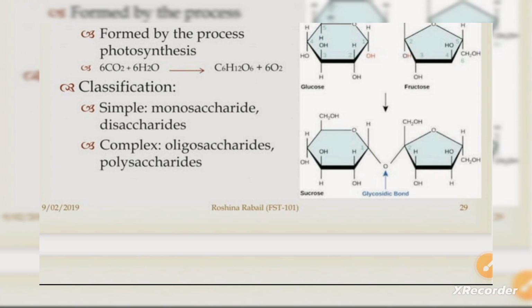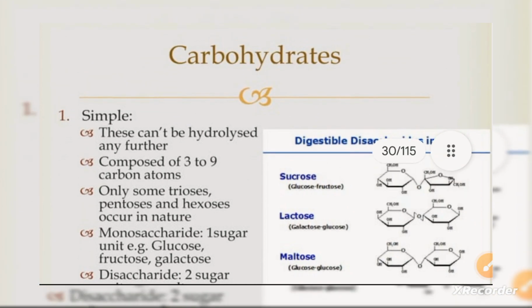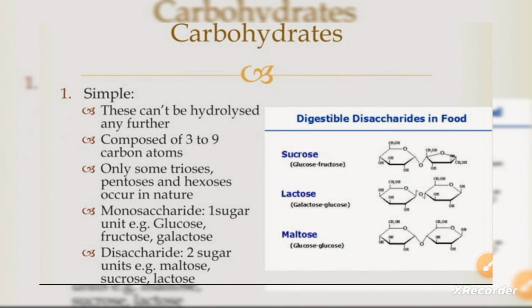Classification: monosaccharide, disaccharide, oligosaccharide and polysaccharide, such as monosaccharide, disaccharide, trisaccharide, pentasaccharide and more. Digestible carbohydrate in food: in the brain, only glucose is absorbed.